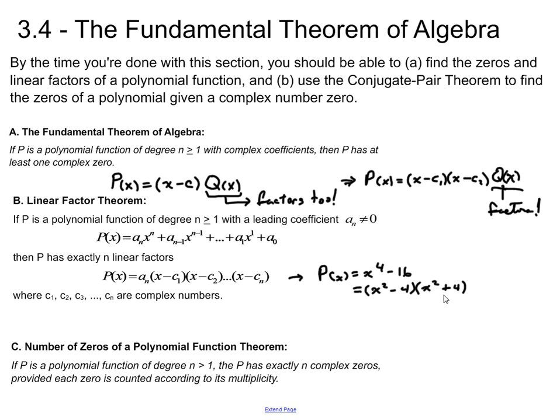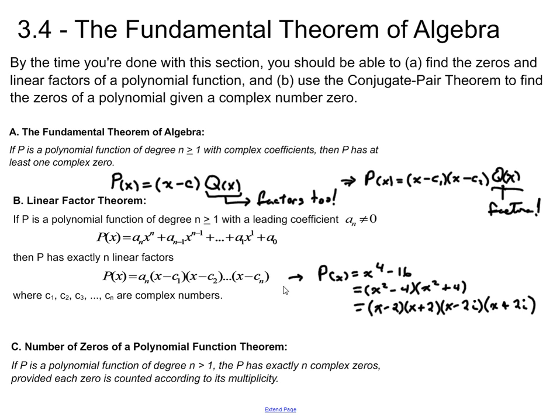And furthermore, if we break this down a little bit further, we know that we're going to get x minus 2 times x plus 2 from our factor x squared minus 4. And we're going to get x minus 2i times x plus 2i.